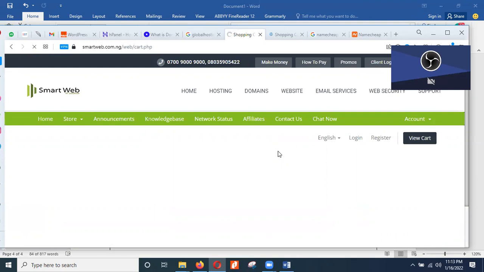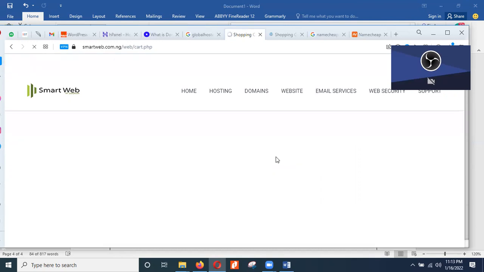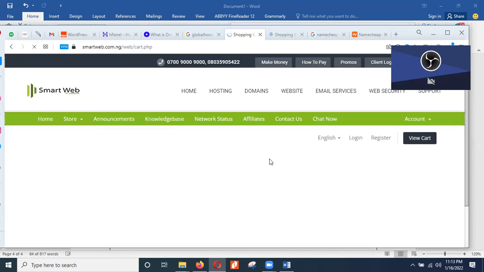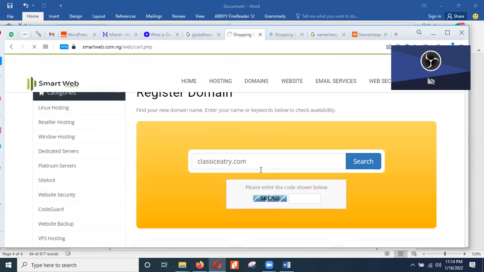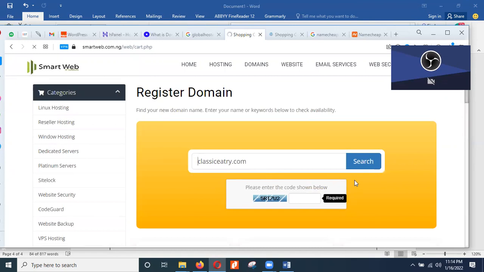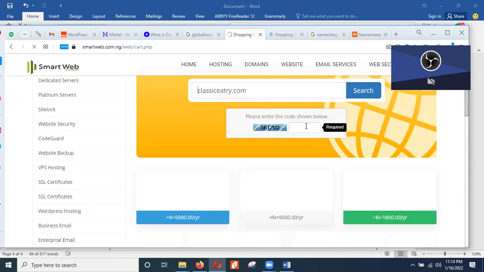I use SmartWeb because sometimes they register at a cheaper rate than others. But one downside is that when you host with SmartWeb, it is usually very slow.